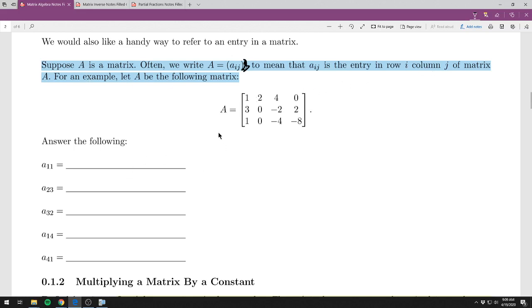So to explain what we're doing here, we want to find the following entries for this given matrix. The first one says we want to figure out A11. Now in words, what this means is we want the entry in row 1 and column 1.